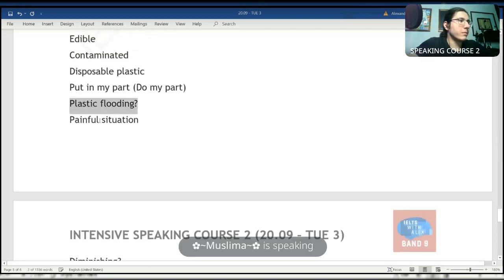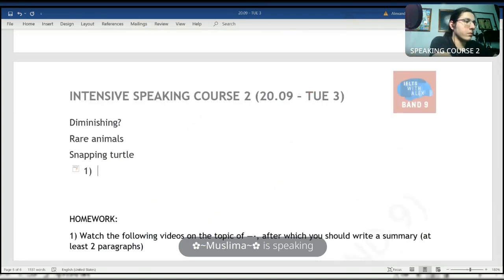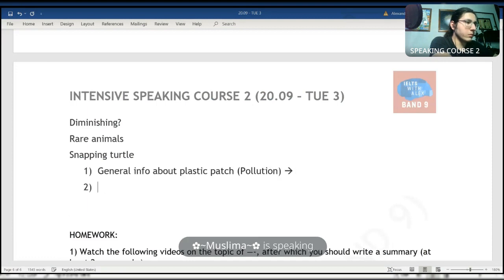Firstly, you start from giving general ideas about plastic patch, plastic floating, so pollution. So you were talking about the plastics. And you said that you were a witness of a painful situation that rare and endangered animals have no concept of the idea of plastic, and people are just throwing it out, and these rare animals are eating it, not having any clue about these plastics.